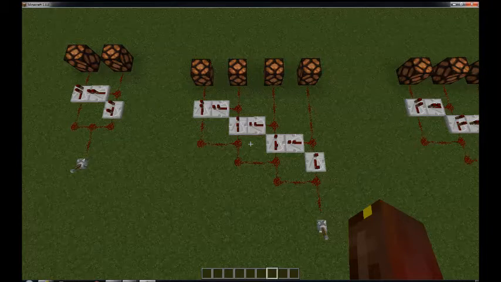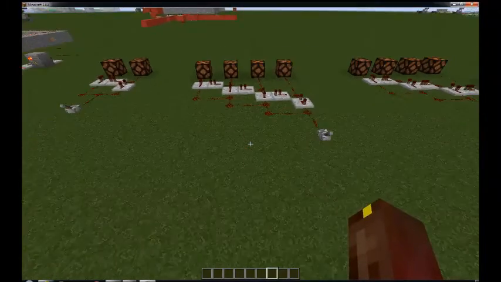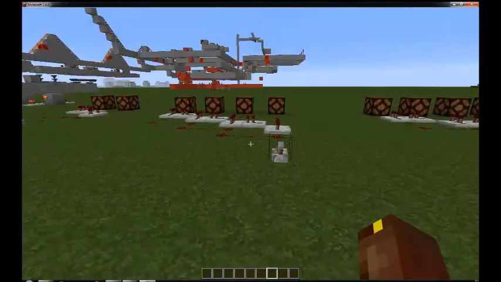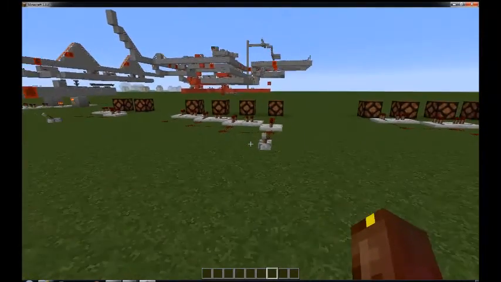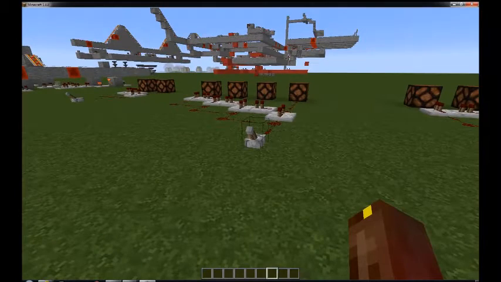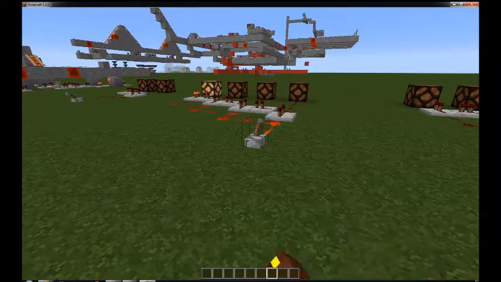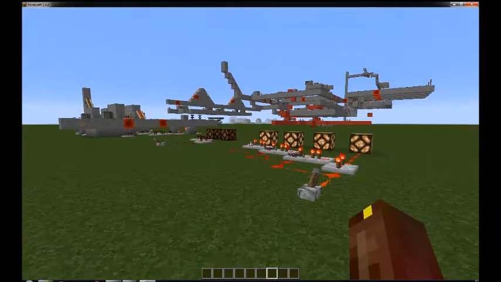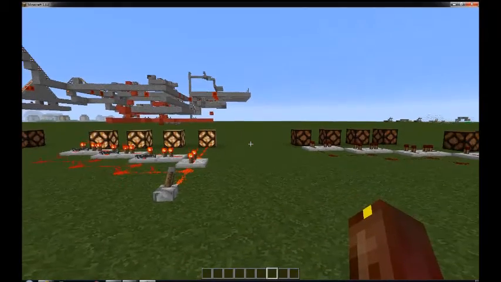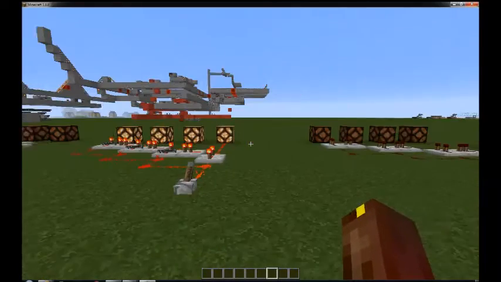Now the beauty of this little design is that it's modular and tileable. So you can actually have X number of outputs in this type of circuit. If I go ahead and push this lever, you'll see 1, 2, 3, 4. They all turn on in order from left to right.